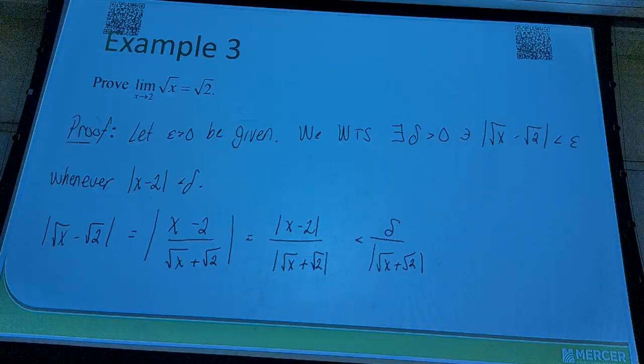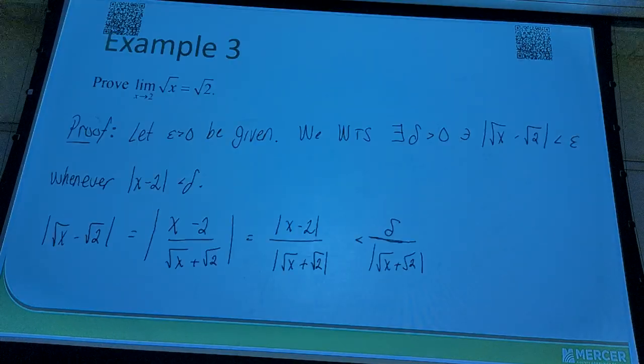Absolute value of x minus 2 is less than delta, so this is where we're at right now. And proceed in much the same way as we did before.